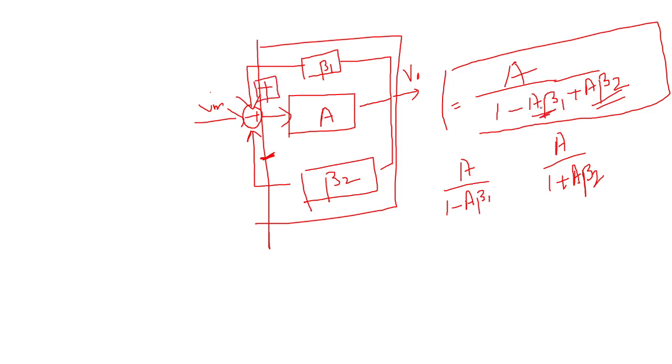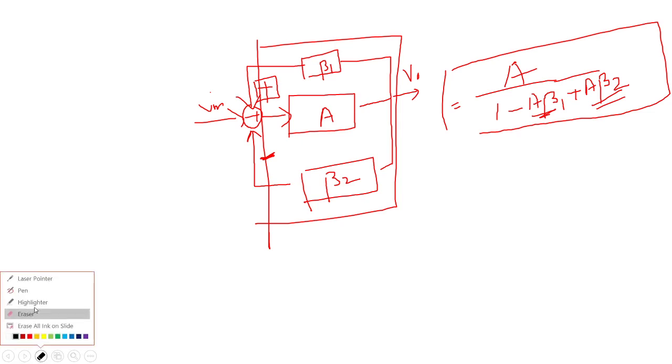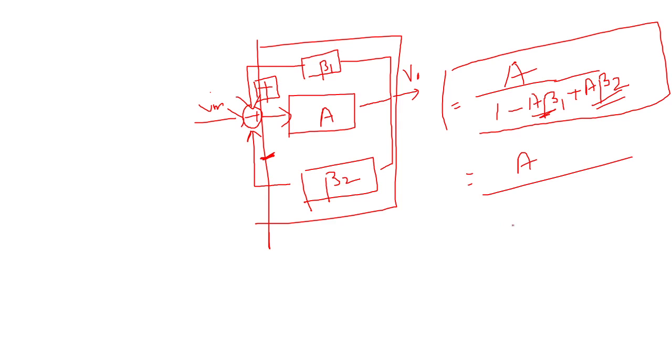As we can see, which feedback value is more? Let me rub this. I can reduce this as A by 1 plus into beta 2 minus beta 1, right? You can write it like that.